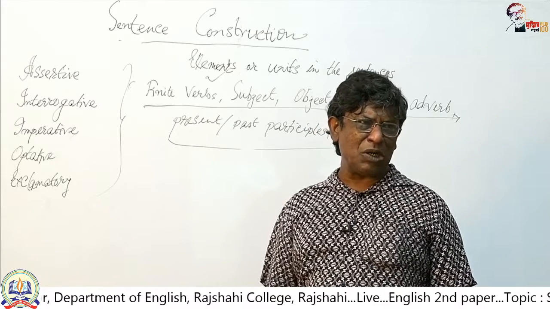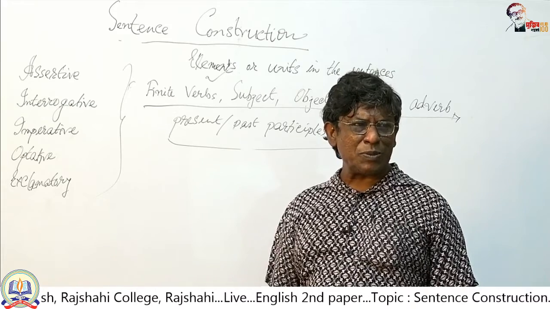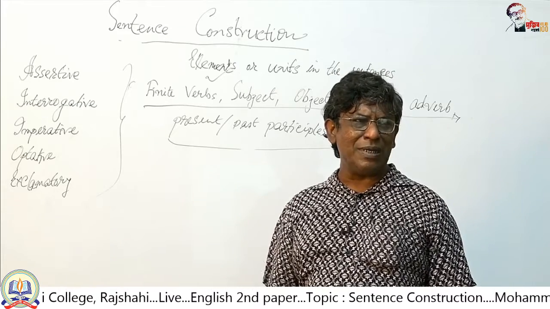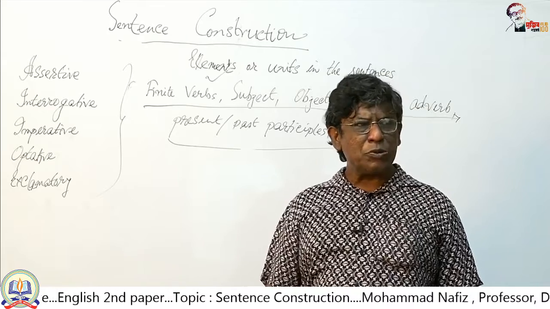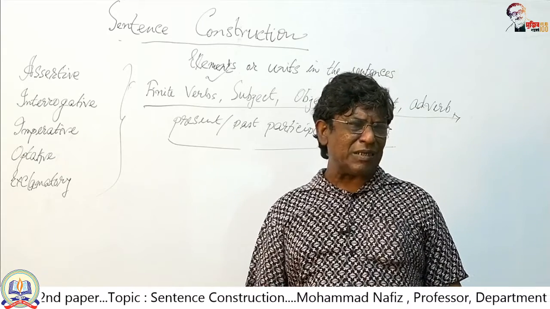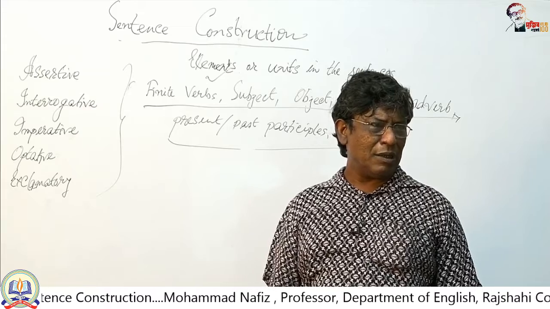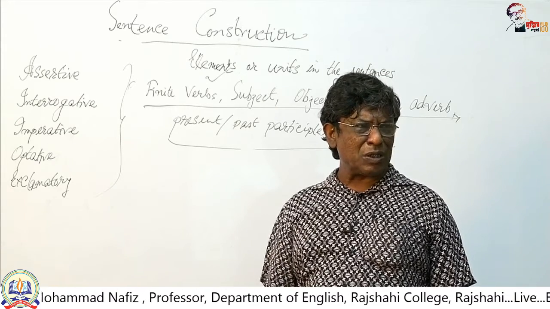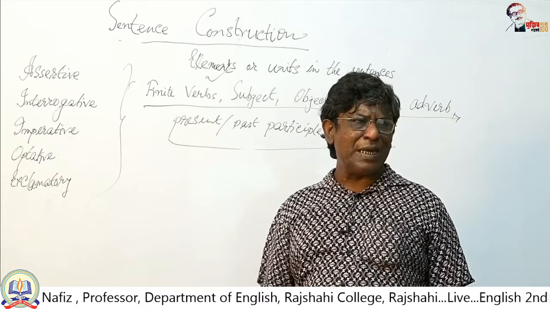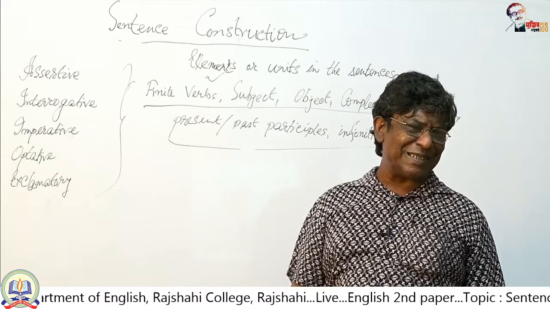And this is not true, which we have learned so far, that all types of sentences begin with the subject of the sentences. Actually, only assertive sentences begin with the subject, and the other patterns of sentences begin with different units in that sentence.